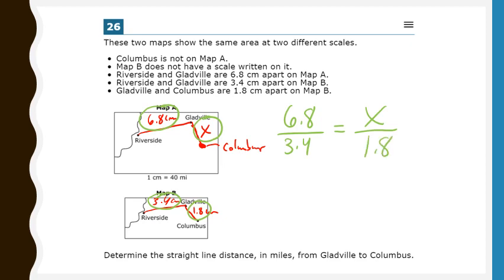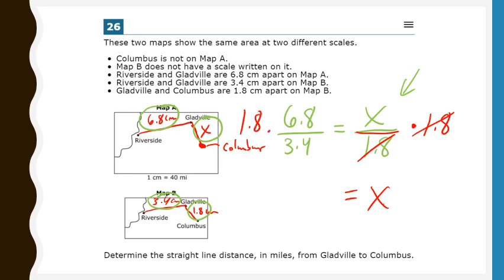Now here's where a calculator needs to come into play, because if I want to solve for x, I have to do a couple of things. To get x by itself, since it's being divided by that 1.8, I have to multiply by 1.8 on this side. If I do that, the 1.8s cancel, and I'm left with x all by itself, which is exactly what I want. Remember, whatever we do to one side of the equation, I have to do to the other.